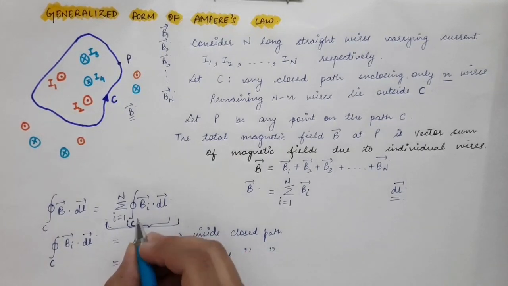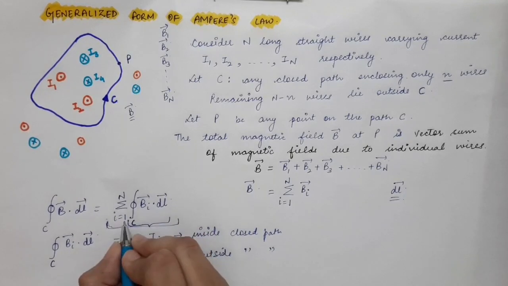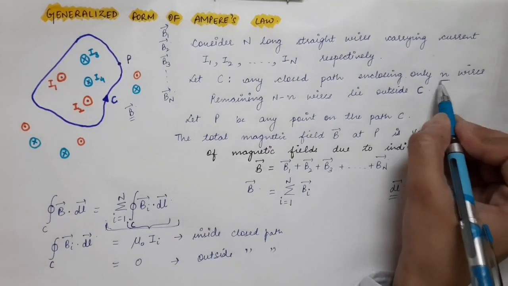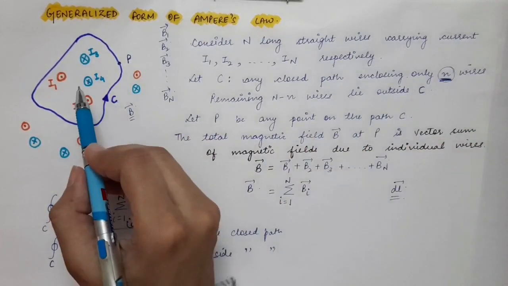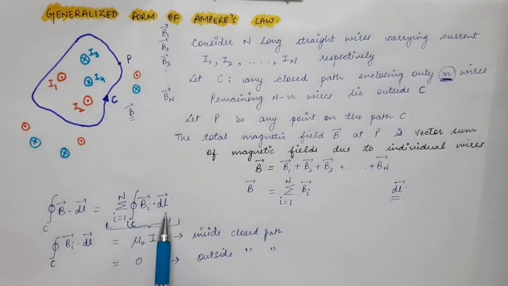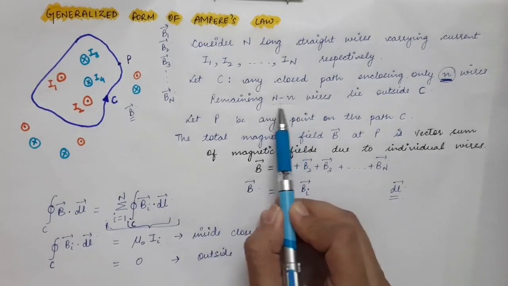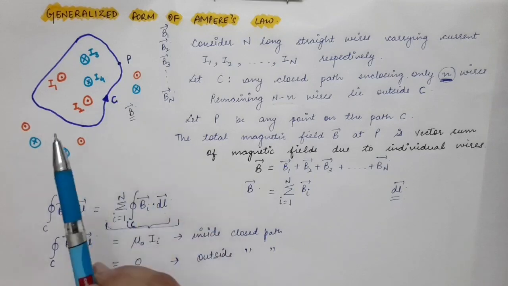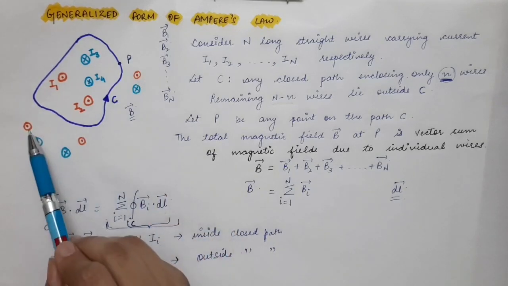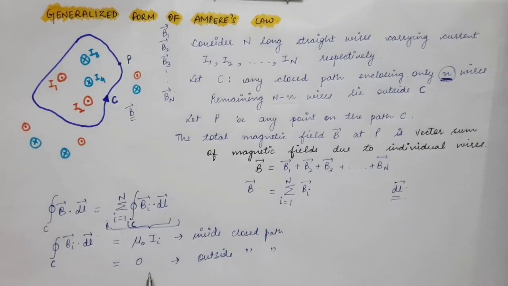In the right hand side we have taken all the N wires, but we know that only due to these n wires which are present inside the closed path, this integral will be equal to mu naught times the current, and due to the rest of the wires, that is N minus n wires, which are present outside the closed path, this integral will be equal to 0.